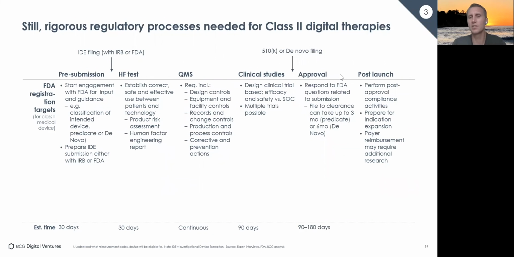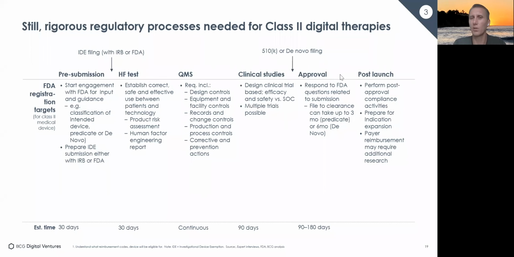Now, of course, just because we're using a different development process doesn't mean that all the standards don't apply. You still have to do all the basics. There's engagement with the FDA early through a pre-submission process. You need to file an IDE. There's human factors testing, which often involves the lab tests of the software and hardware.